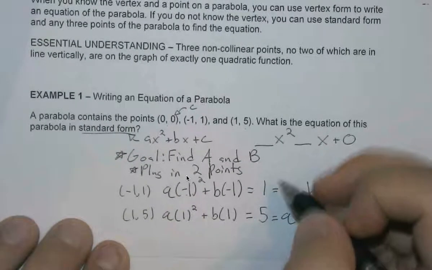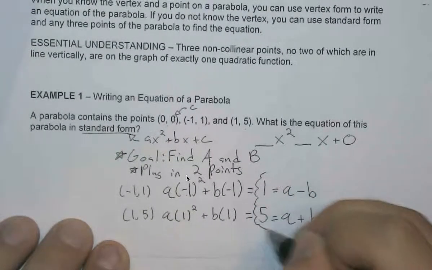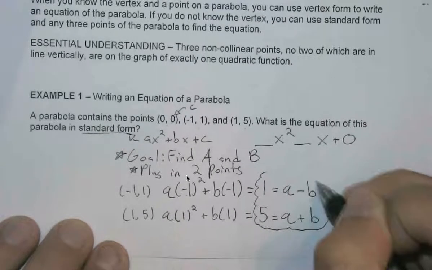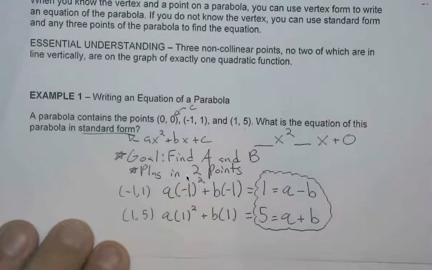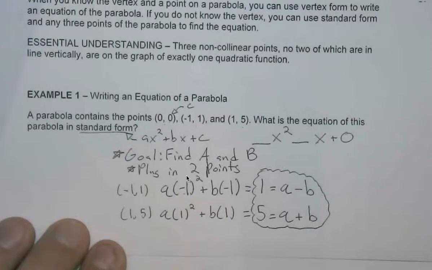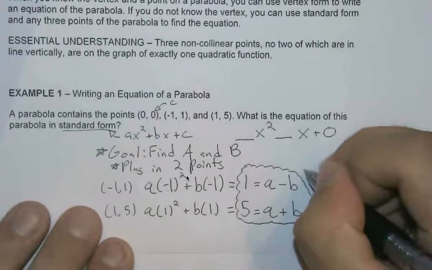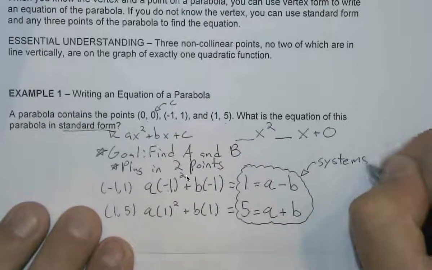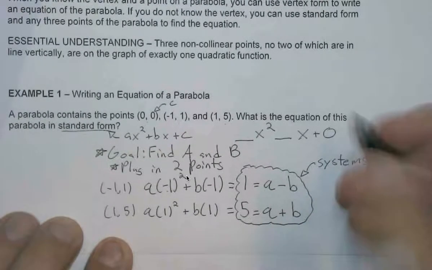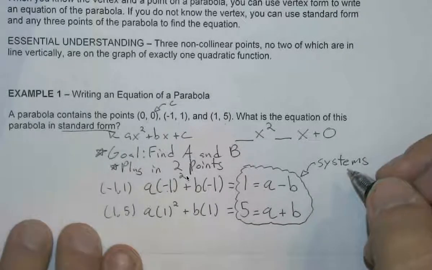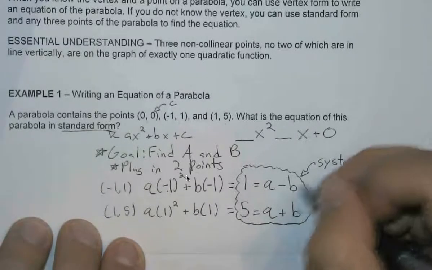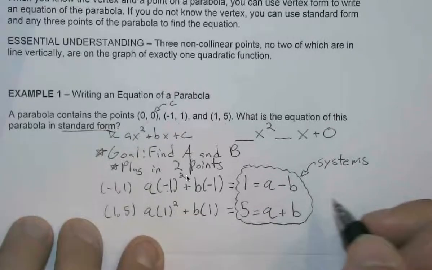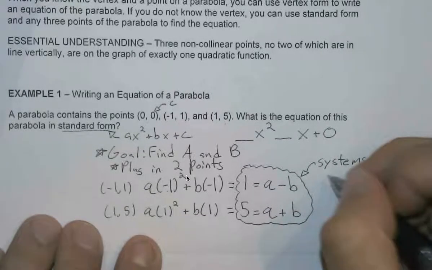So if we really focus on this problem seen here, what kind of problem does this look like? It kind of looks like a system of equations, which we've seen previously in the review. We saw that we could use substitution, we could use elimination. In this case, elimination looks as if it's the easiest because we have opposite b terms.